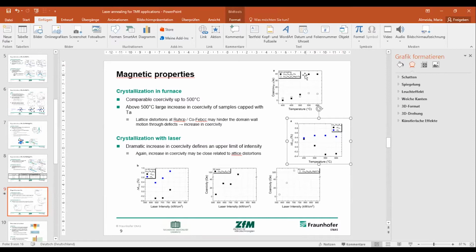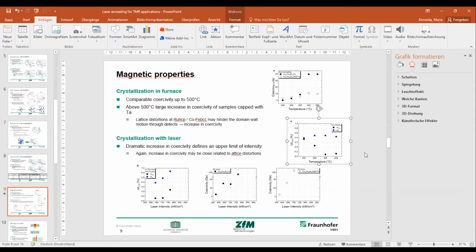In the case of tantalum, we have a larger increase in coercivity as a function of the annealing temperature, which we believe may be due to some lattice distortions at the interface of ruthenium with cobalt iron that may be hindering the domain wall motion through defects.